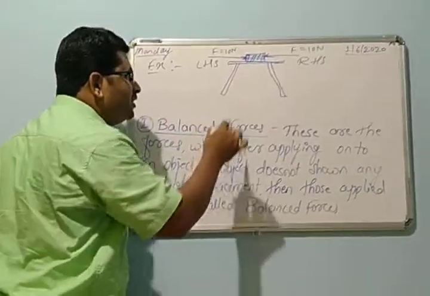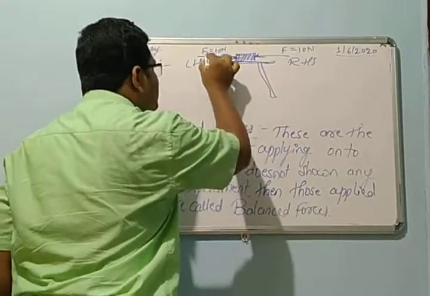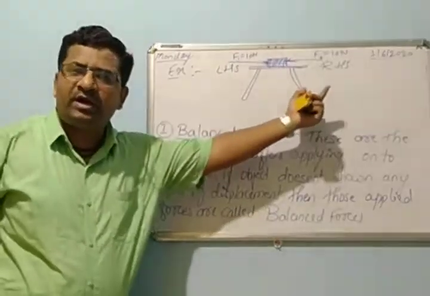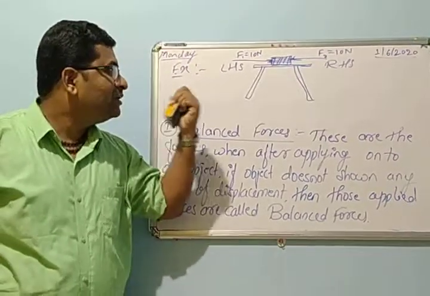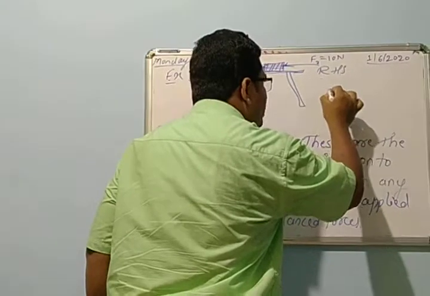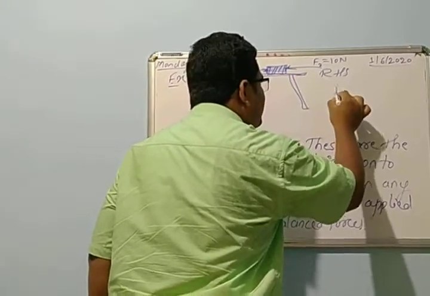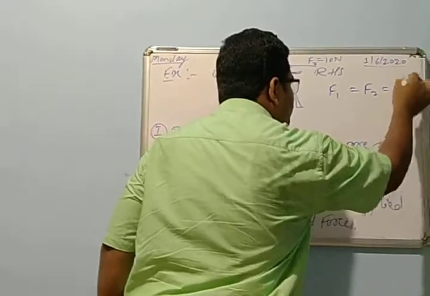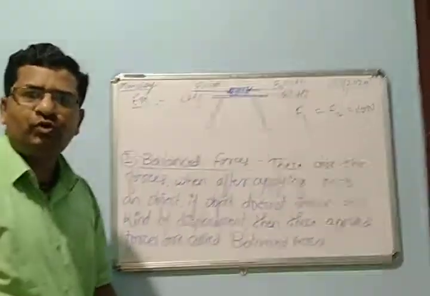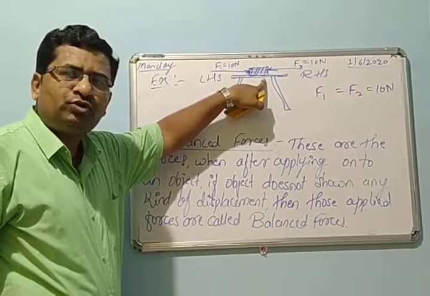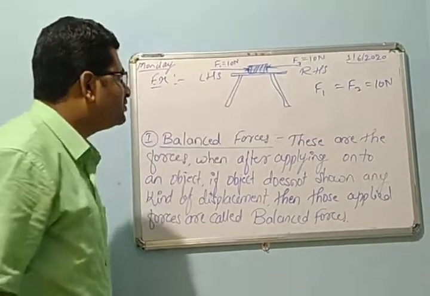So in this case, let us take the force from the left as F1, and the force applied from the right hand side as F2. In the example I have given, F1 is equal to F2 is equal to 10 Newton. So the wooden block will not show any displacement.